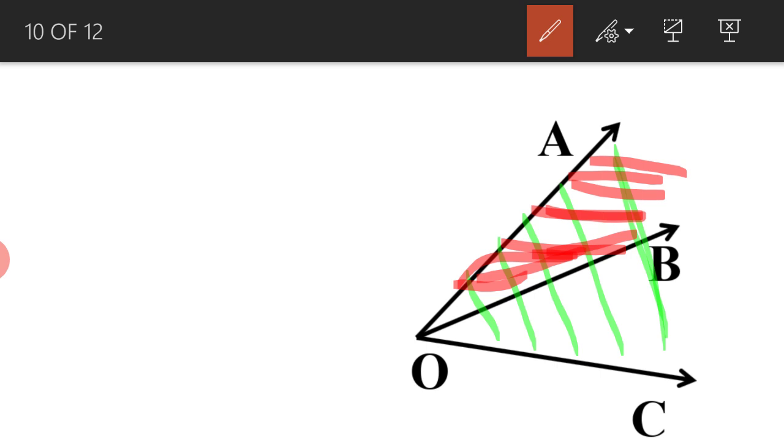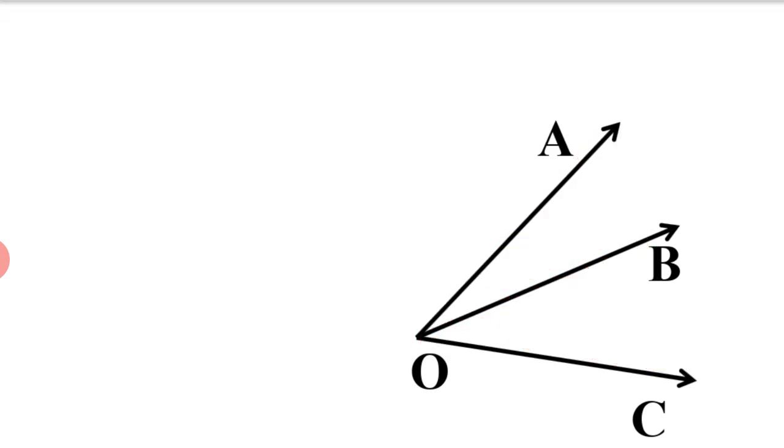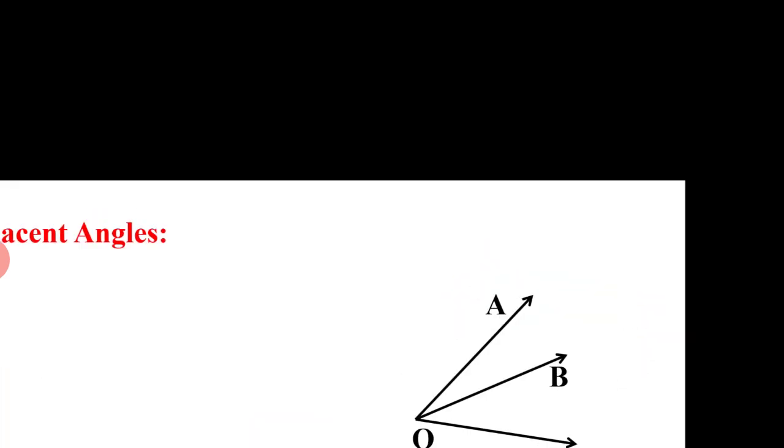That means angle AOC, that is the bigger one, and angle AOB are not adjacent angles. Same figure, but there is only one pair of adjacent angles. Is it okay? It is very important to understand the concept of adjacent angles. I hope you have understood it very well.